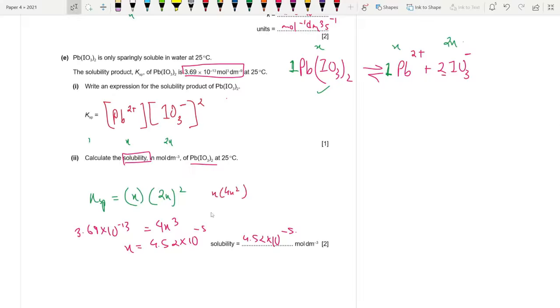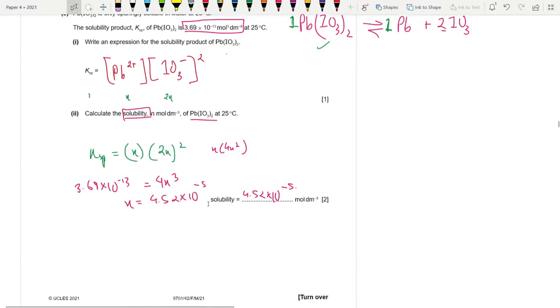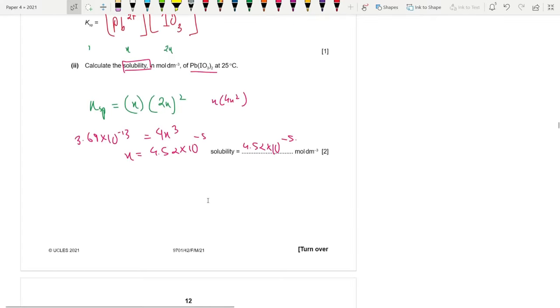And if you make x the subject, from here x is equal to 3.69 × 10^-13 divided by 4, then cubic root of the answer. Then we're going to get our answer as 4.52 × 10^-5. That is it.